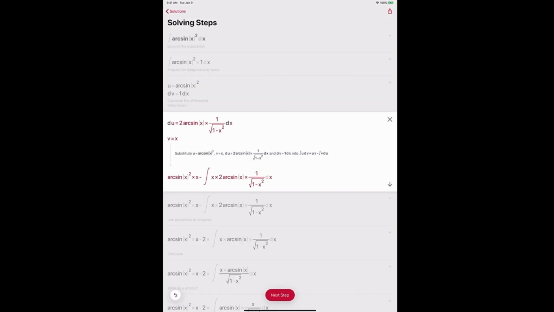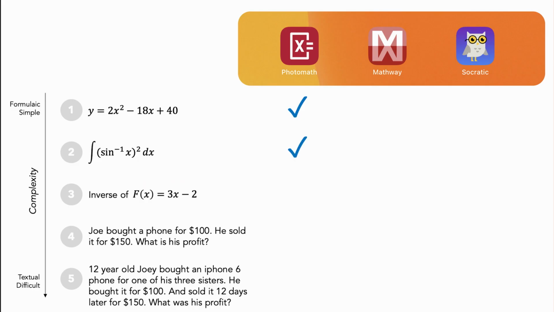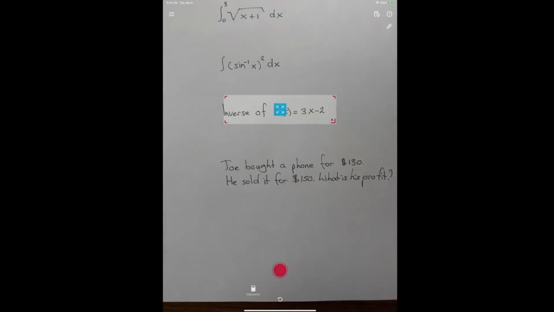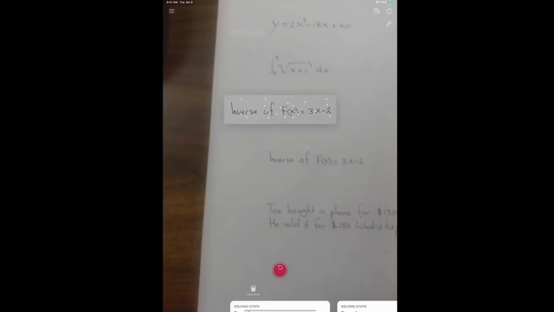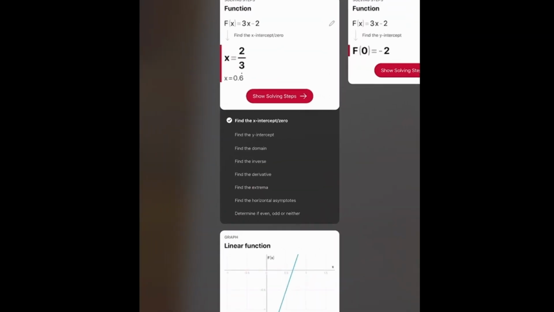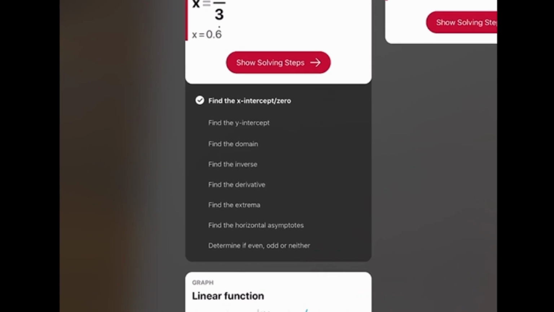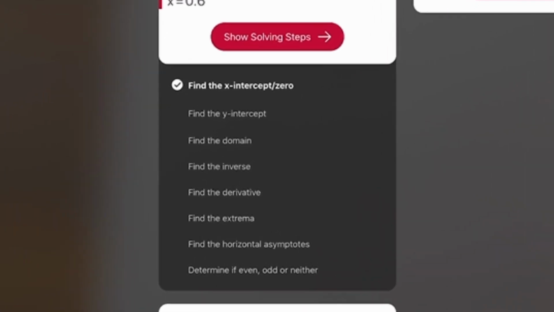Very sophisticated. Now let's go to the challenge: what if you want something that's not directly in the formula? We want the inverse of this function. So let's do that. As you can see, it's solving the function, but we don't want that function. We want to actually find the inverse. In the gray area in the middle, at the moment, it thinks you want to find the x-intercept, but it offers other ways of dealing with the issue.